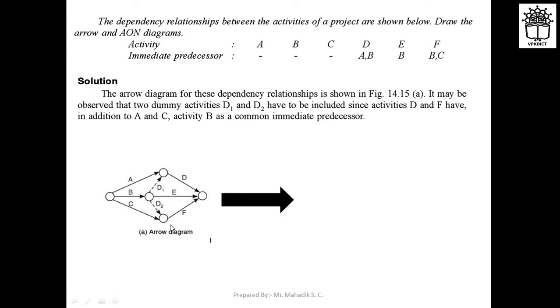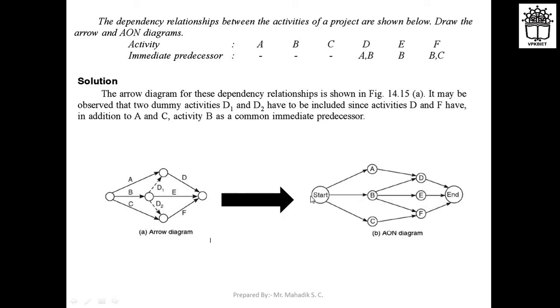Now if you convert this arrow diagram into the other form, it will be like this: your start, then activity A on node, activity B on node, and C on node, right? Then B to D, B to E and B to F, because for D, B will be a predecessor, for E, B is a predecessor activity, for F also B is a predecessor activity.